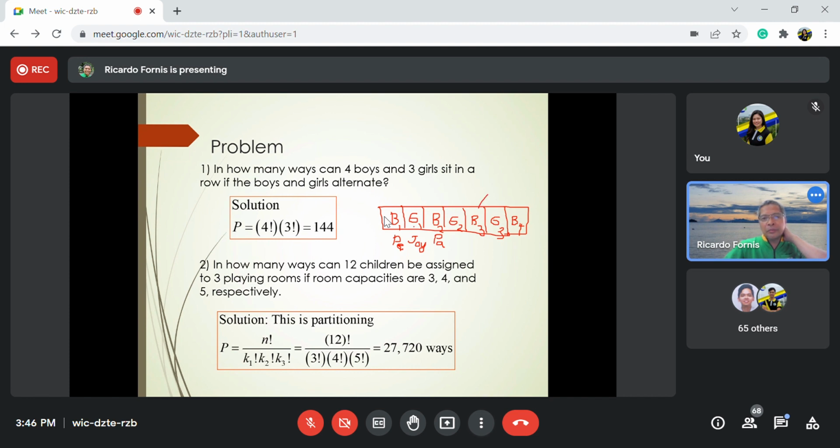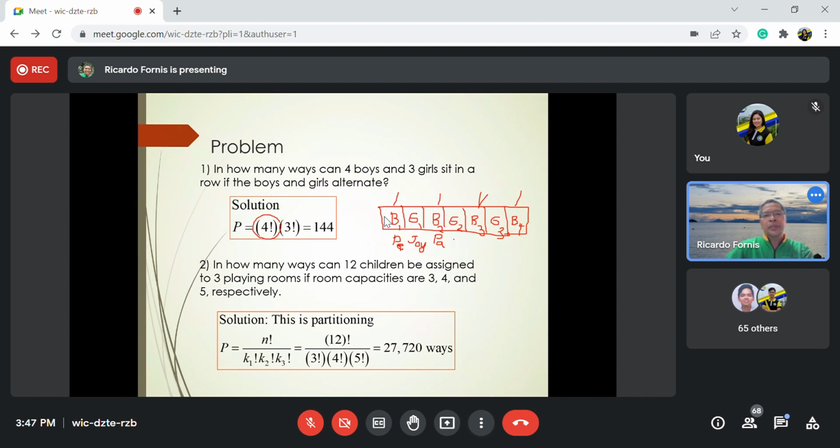So, that would be considered a different group, a different arrangement already. Okay, so when you change the places of the boys, then there are 4 factorial possibilities because there are 4 boys.